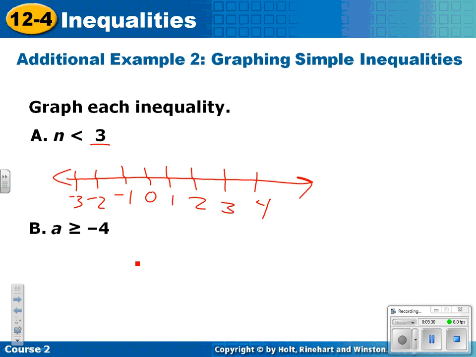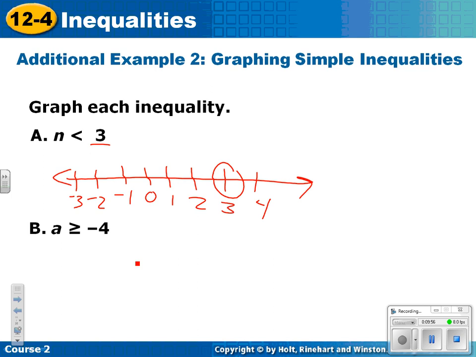Is 3 included in this or not included? Not included. So does that mean I draw a circle or a solid dot? If it's not included, it's a circle. So I draw a circle around 3.